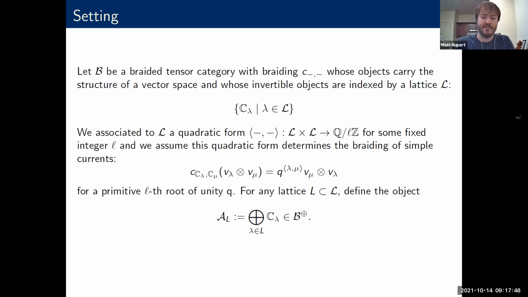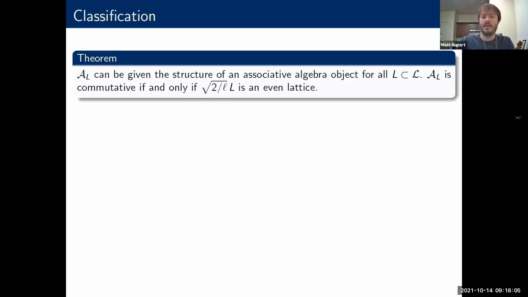So for any sublattice of this lattice script L, we can associate an object in the category, which is the direct sum of all invertible objects whose index is in L. And then we can classify which of these objects carry the structure of an associative algebra object and a commutative associative algebra object.